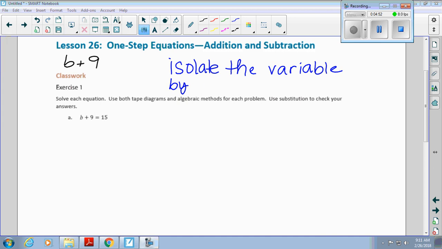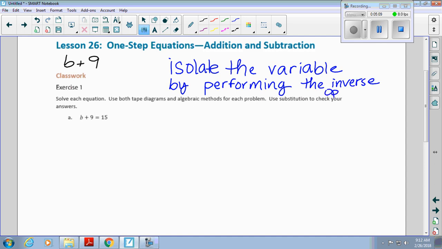All right. Performance. By performing. I isolate the variable by performing the inverse operation. Right. So, what is the inverse operation of addition?